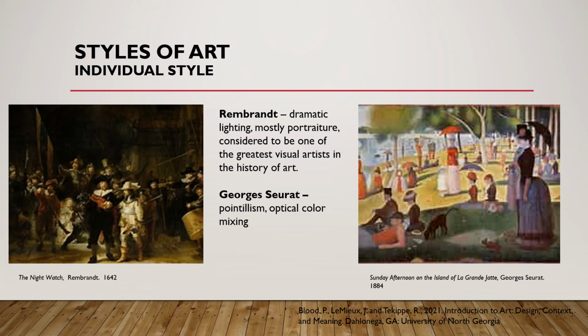And then we have Seurat on the right, who did pointillism. So this entire painting is made up of probably eraser-sized dots of color. And the idea with that is experimentations with optical color mixing. Your eye and your brain mixes colors.